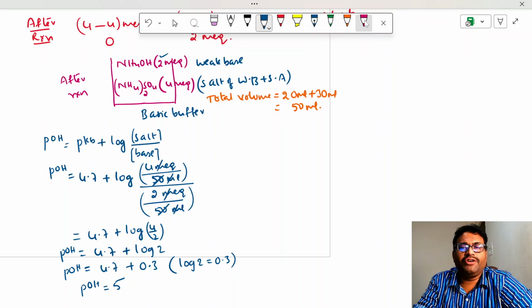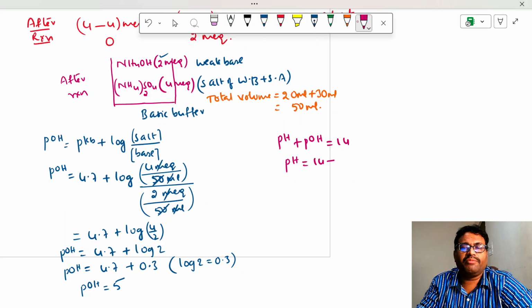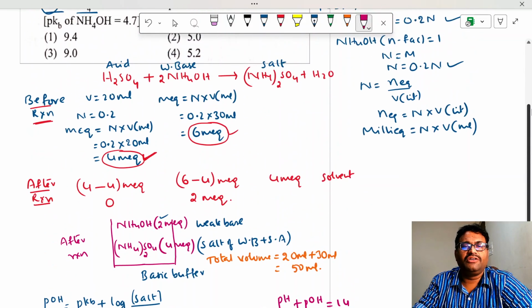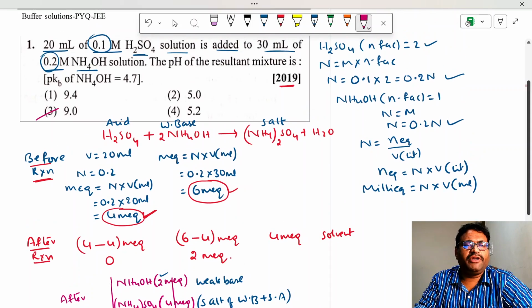And we know that pH plus pOH is equal to 14. pH is equal to 14 minus pOH. We have calculated pOH as 5. Then what you get? 9. Understood? So the answer will be 9.